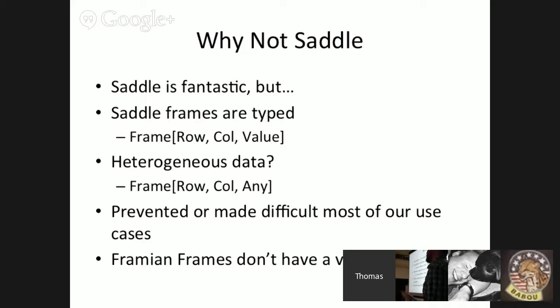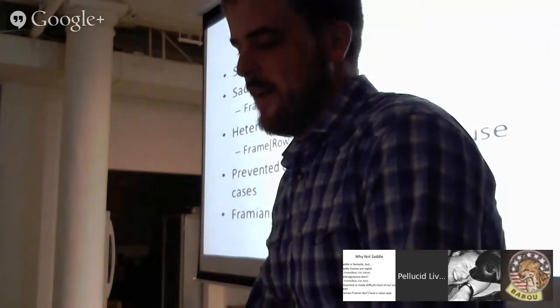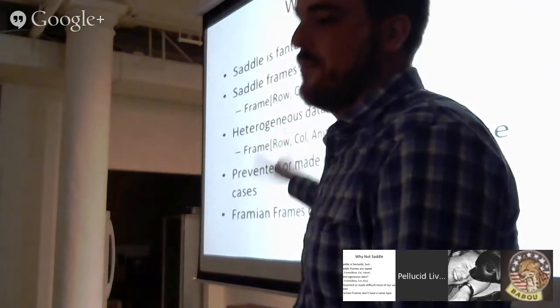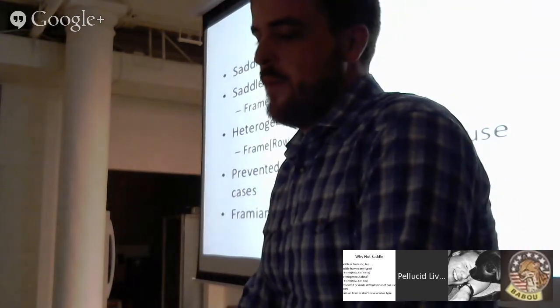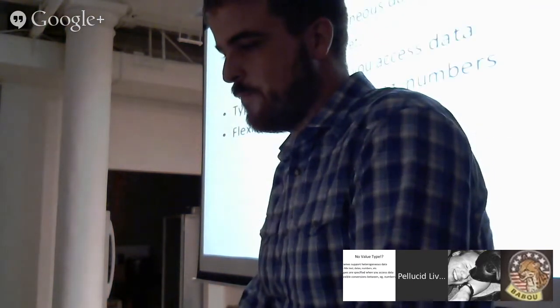They do have some basic support for heterogeneous data, but basically they say it's anything, and then they cast things as needed. It wasn't very nice, and using it as a heterogeneous frame wasn't great. So it made it difficult for our use case. We built this tool to deal with that.